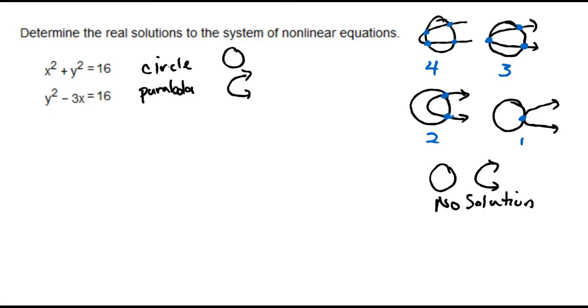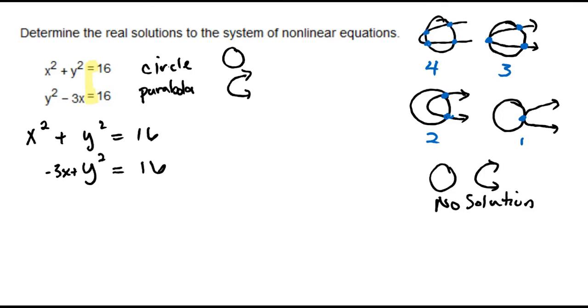So I already have the equal sign lined up, but I want to rearrange the terms a little bit so that I have the like terms lined up. So I can do this. I would have x squared plus y squared equals 16. I'd like to line up the y squared here and the minus 3x equals 16.